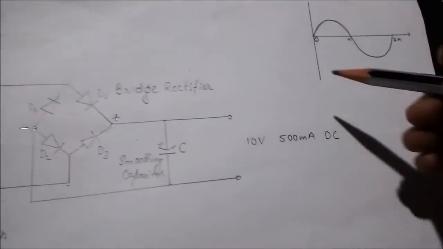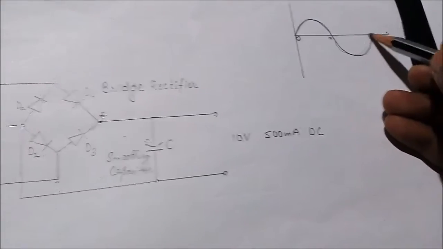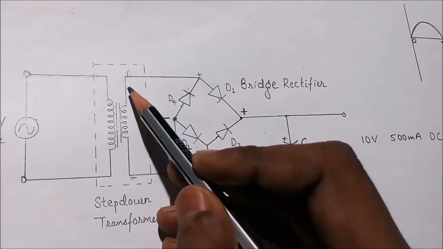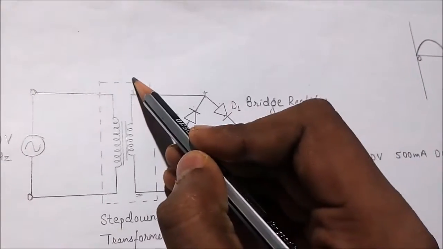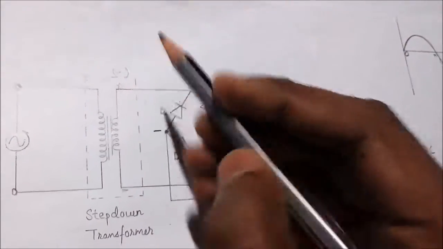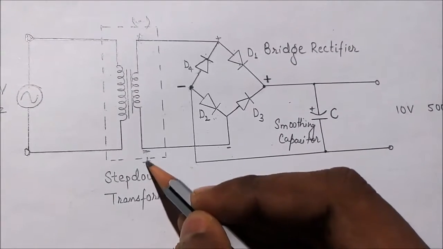During the negative half cycle from pi to 2 pi, the upper point of the secondary coil of the transformer will be negative, and the lower side of the secondary coil will be positive.